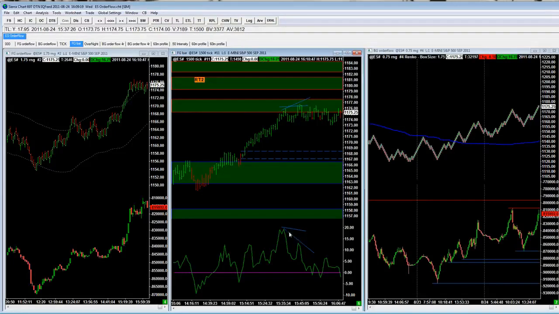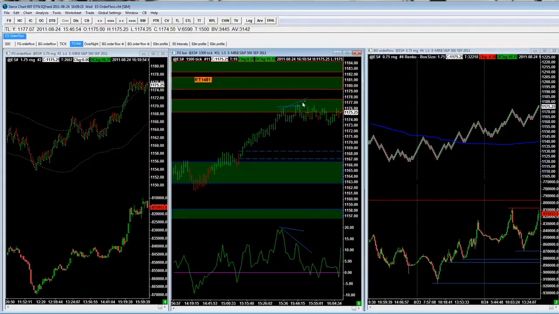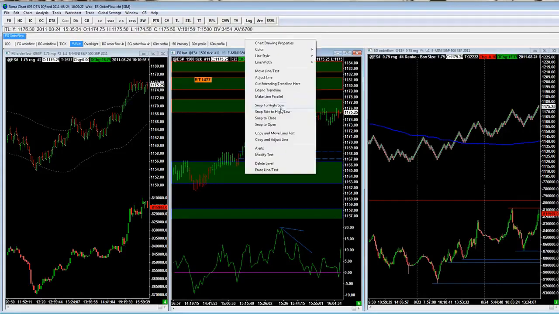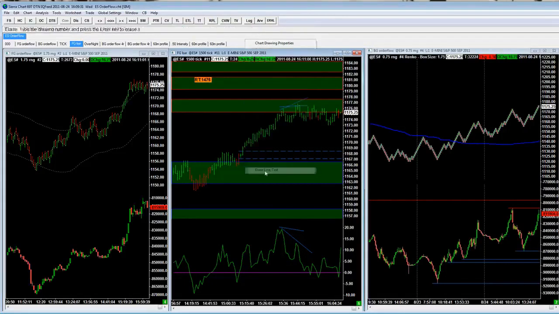This is textbook, this is obvious, but sometimes it's not so obvious. Sometimes it's just subtle. But it's still a divergence, and it still is showing us that the buy pressure is diminishing. Does everybody understand divergence? How it's just showing us the difference of magnitude between price and order flow? Okay.